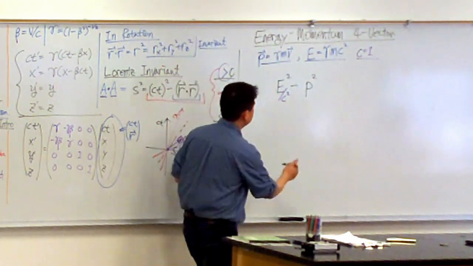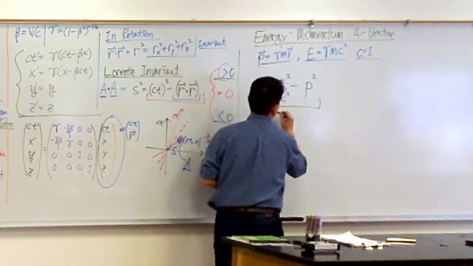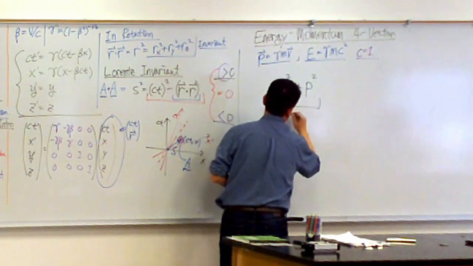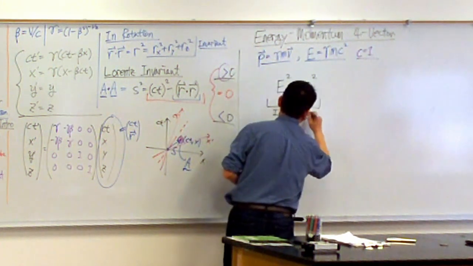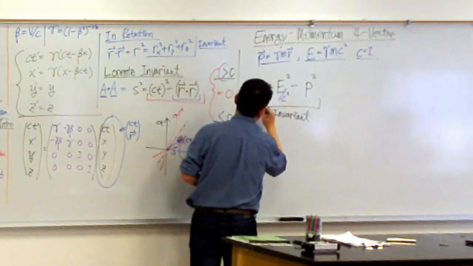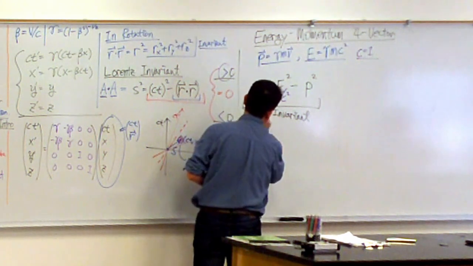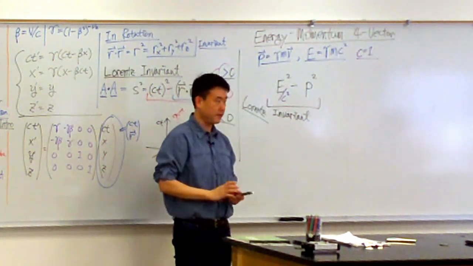So what I'm claiming is that this is an invariant quantity. In particular, I am claiming that this is a Lorentz invariant. What do we mean when we say something is Lorentz invariant?